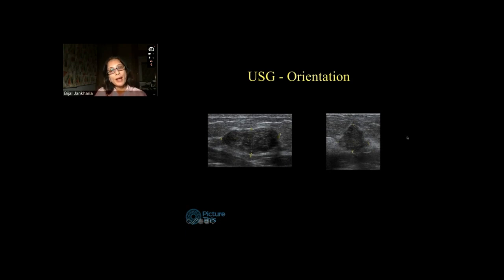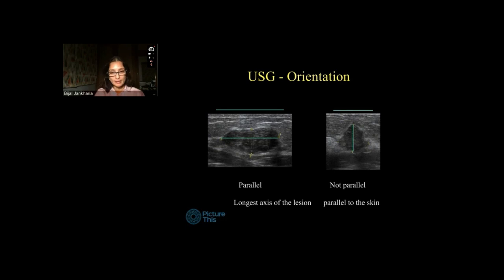So what we mean by orientation is, if the longest axis of the lesion is parallel to the skin, then we talk about it as being parallel, and therefore it is more likely to be benign. However, if it is not so, then we talk about it as being not parallel, as simple as that. So in the talk henceforth, everything that is on the left side is more likely to be benign. Everything that is on the right side is more likely to be malignant.